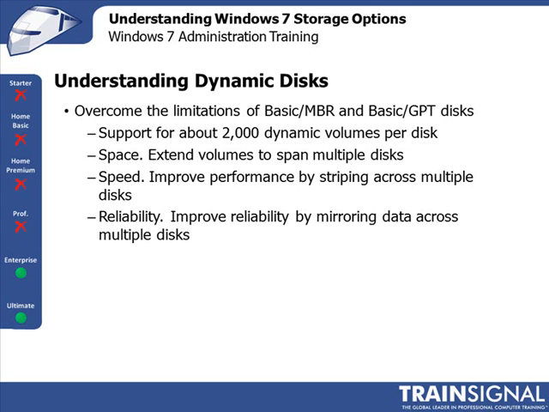As far as space goes, when you have a physical hard drive, if you use the basic disk variety, you're basically limited to whatever the capacity of that disk is. If you need more disk space, you have to add drives and do some other funky stuff to make it all work. With a dynamic disk, you can extend volumes to span multiple disks so they appear to be one large volume.